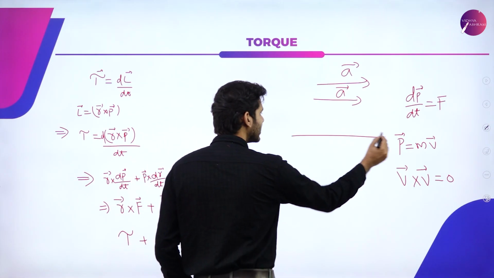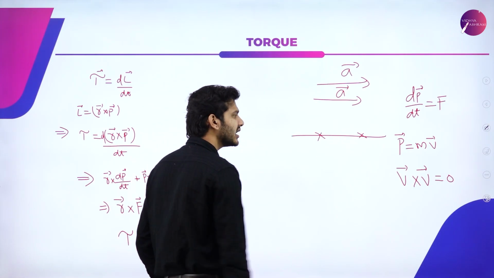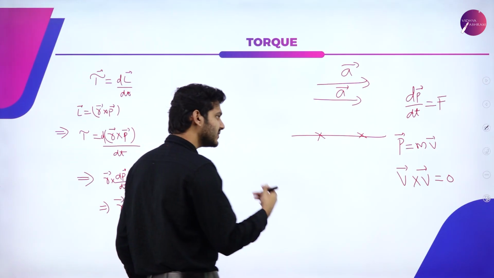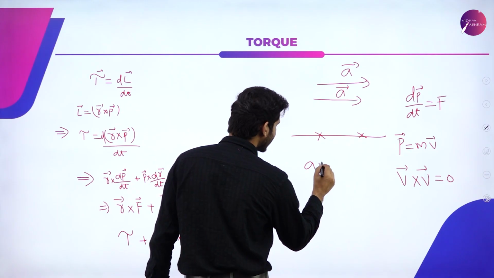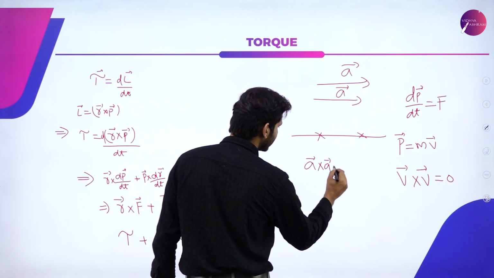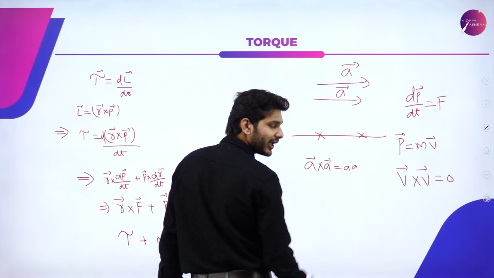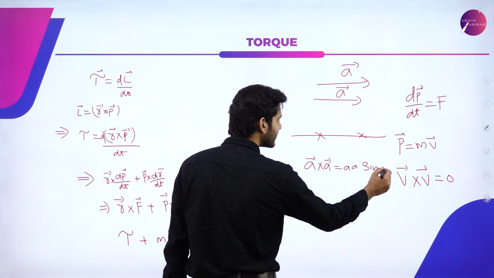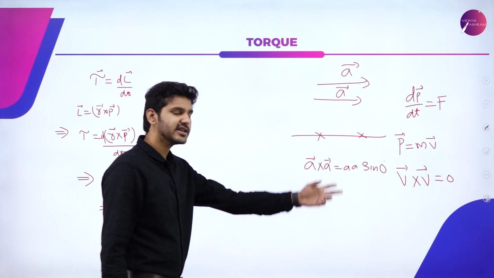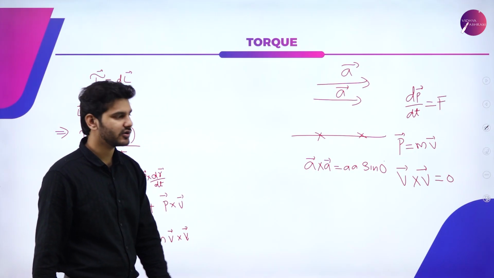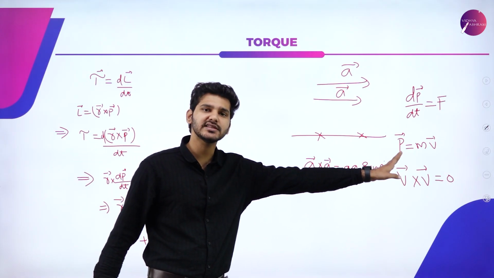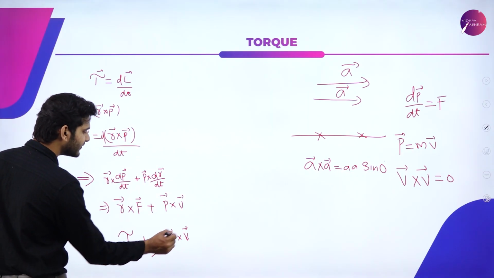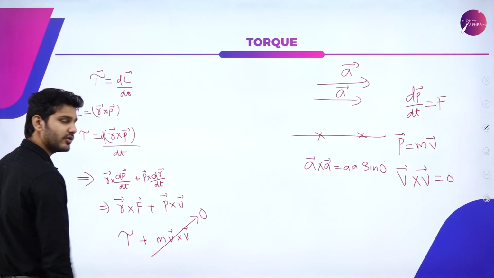So A cross A will be equal to A square sine theta, where theta is 0 degrees. Sine 0 is 0, so here it will be v square into sine 0, which is equal to 0. So this entire term will be equal to 0.